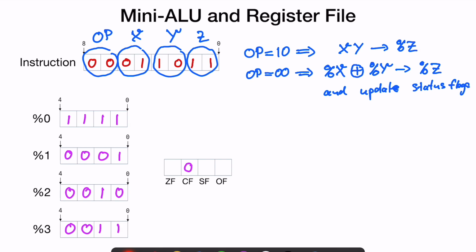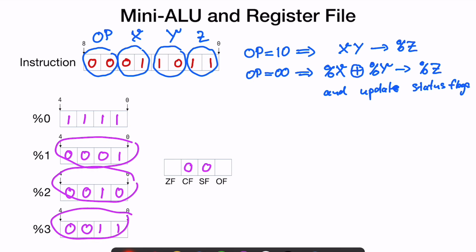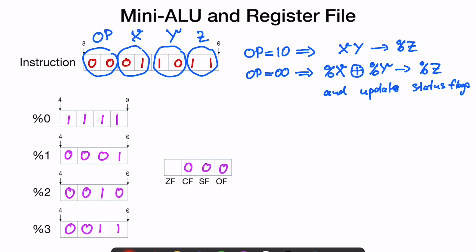The result, interpreted as a signed integer, is not negative, so the sign flag would also be 0. The most significant bit is 0. If we interpret this as signed integers, we also have 1 plus 2 and the result 3 is also correct. So the overflow bit is also not set. And of course the result is not a 0-bit pattern, so we also don't have a zero flag set.